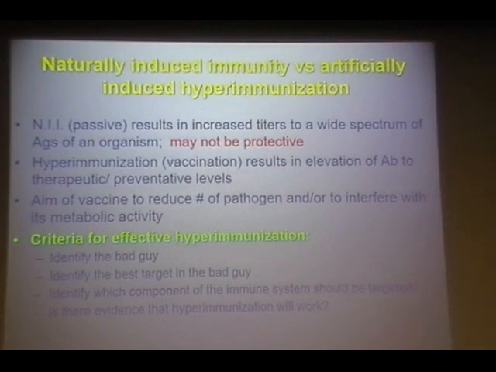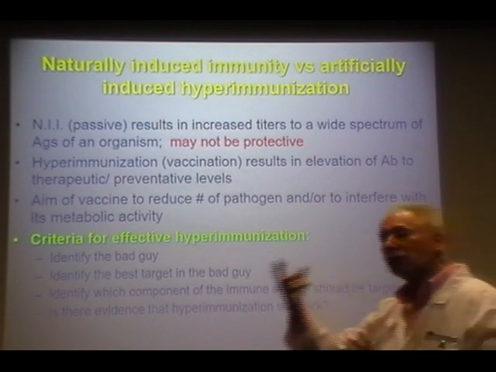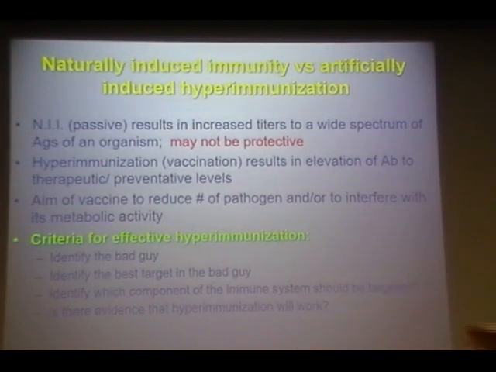The criteria for effective hyperimmunization: identify the bad guy. Find out who the bad guy is. Identify the best target in that bad guy. Is it glucosyltransferase? Is it the adhesin? Is it glucans? Identify which component of the immune system should be targeted, in this case secretory IgA.